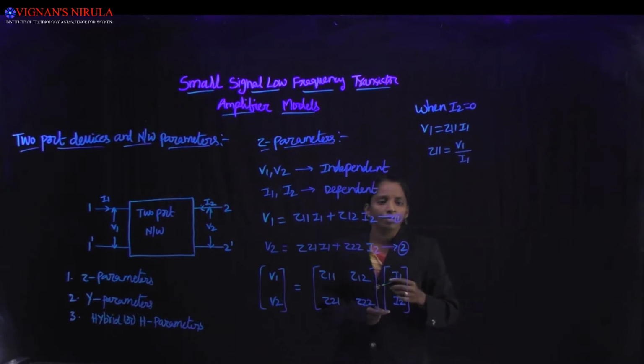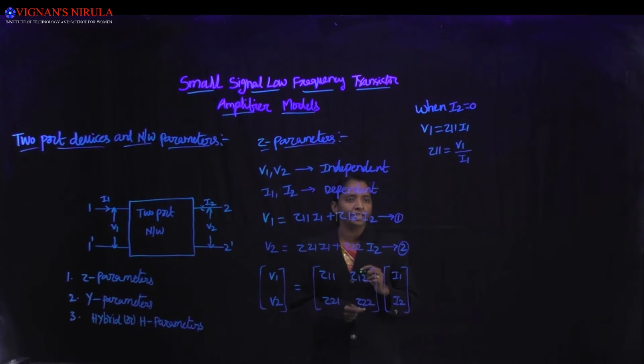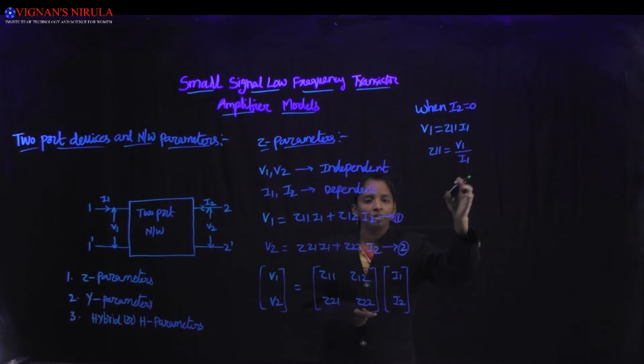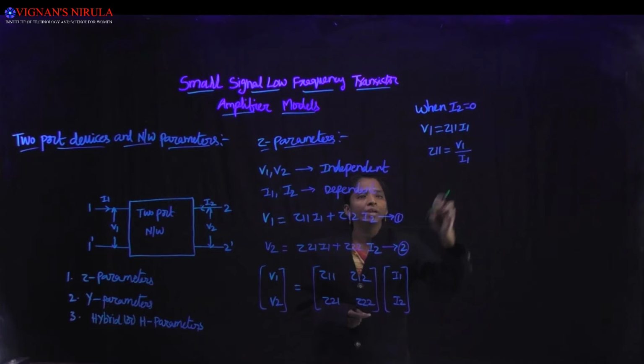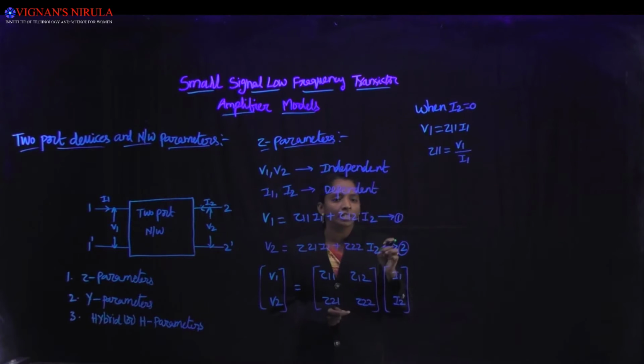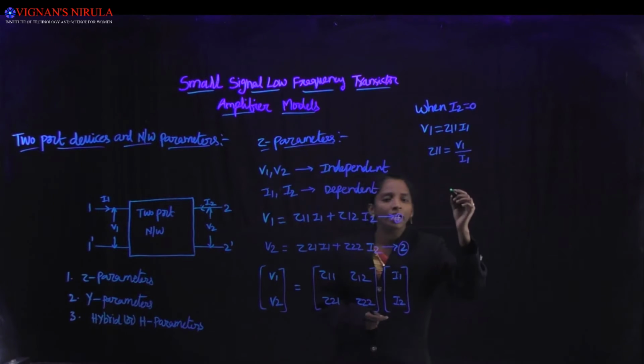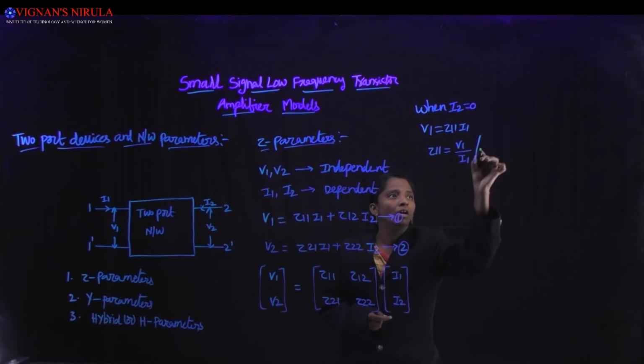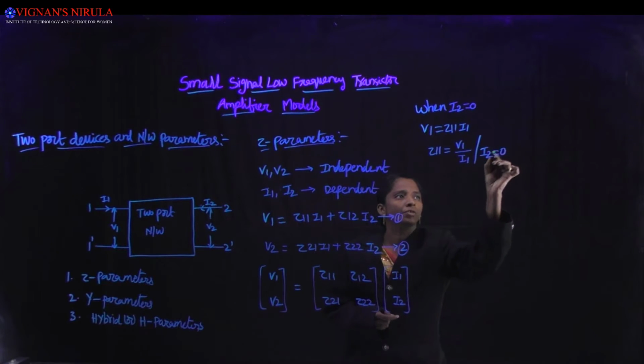We know V1 by I1 is the formula for impedance. Here we have two ports, input port and output port. We are getting V1 by I1 at the input port. That is why we say Z11 is called input impedance, at output current constant, so I2 equal to 0.